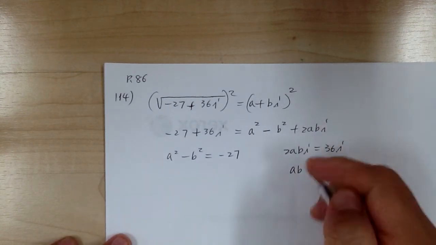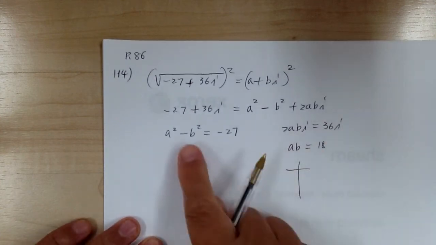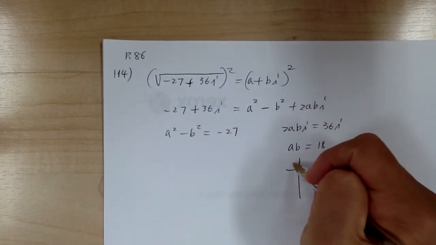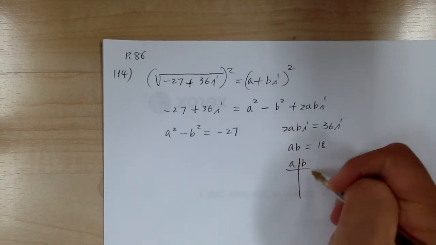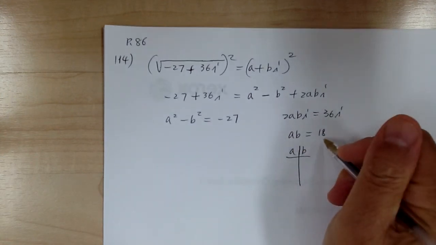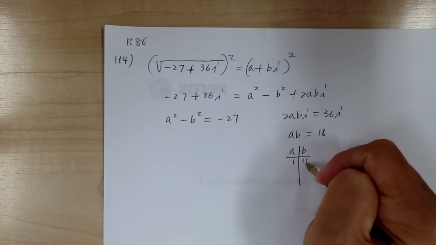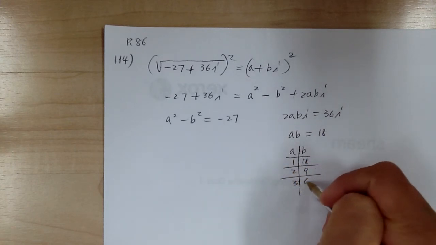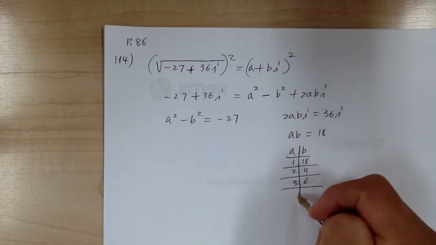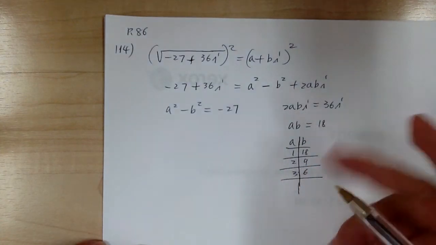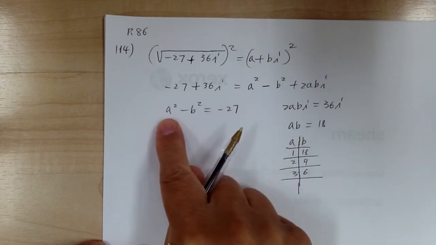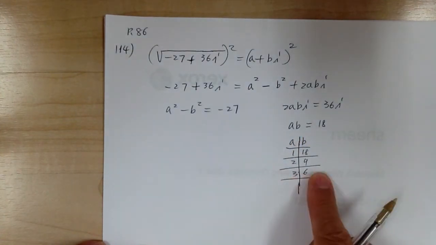Okay, so from here, you can solve it algebraically, but it's much easier if you just go and find the combination. So to get 18, you can have 1 and 18, 2 and 9, 3 and 6. And now because this comes out to be negative, a has to be less than b.